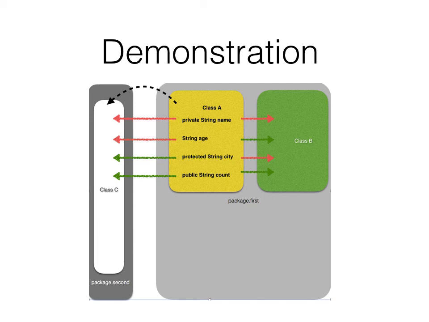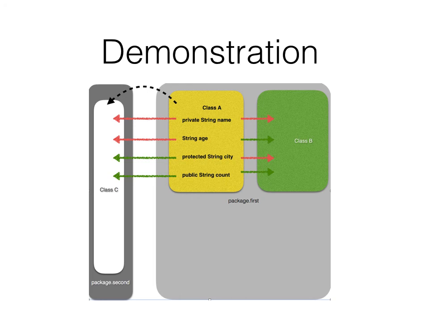Here, class C does not reside in package first, but class B does. Therefore, class B can access this string variable age, but C cannot access it.